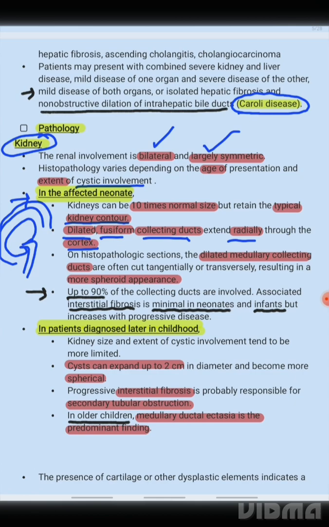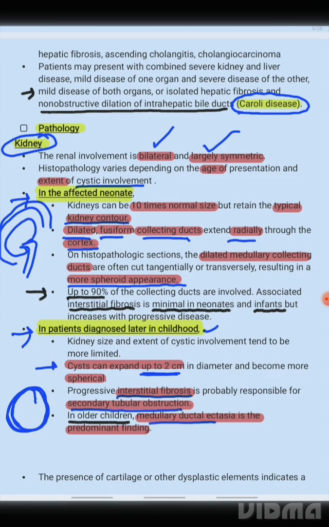Histopathology shows dilated medullary collecting ducts, and in older children the cysts have a more spheroidal appearance. Up to 90% of the collecting ducts are involved, with interstitial fibrosis and progressive disease. If a child presents in later childhood, cysts can expand up to 2 centimeters in diameter, which is quite large, and become more spherical. The normal contours can be distorted. There is progressive fibrosis and secondary tubular obstruction. Medullary ductal ectasia is a predominant finding in older kids.